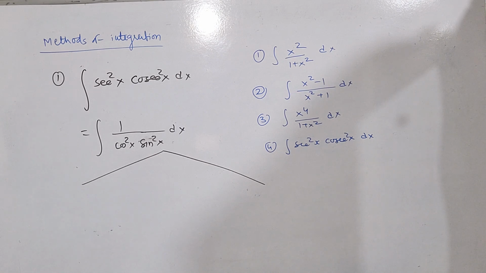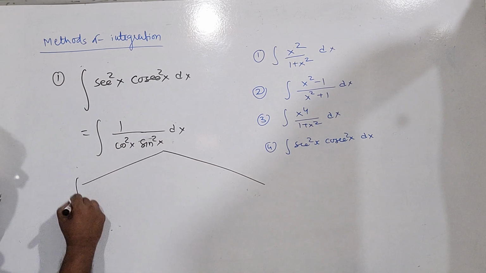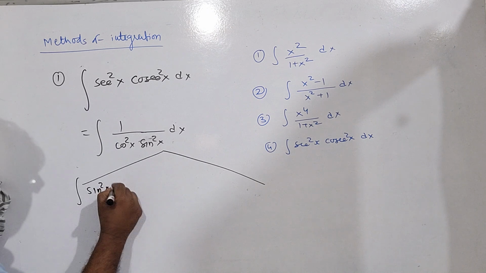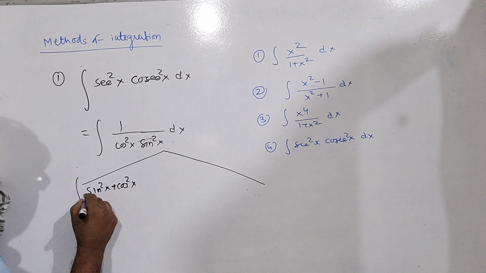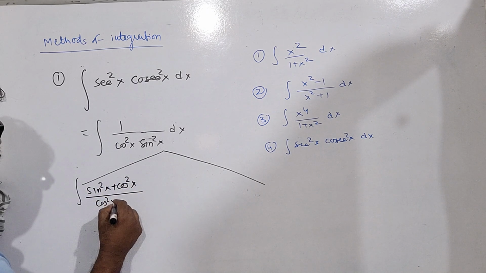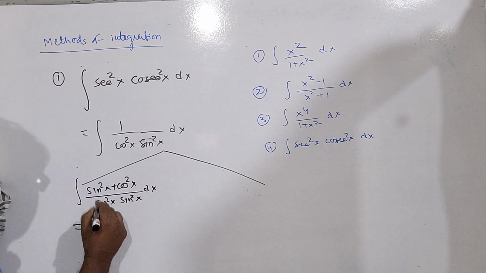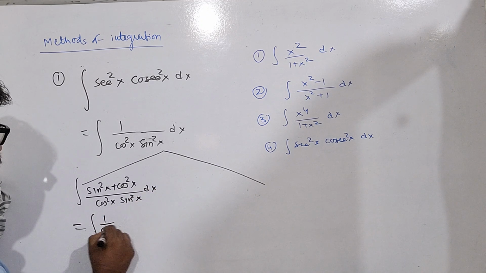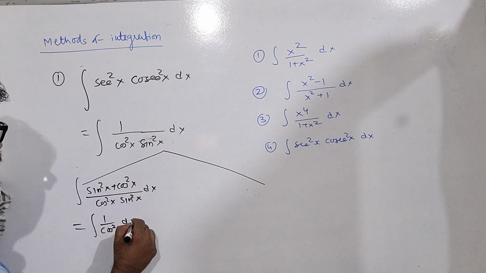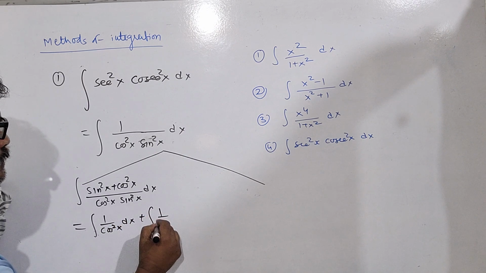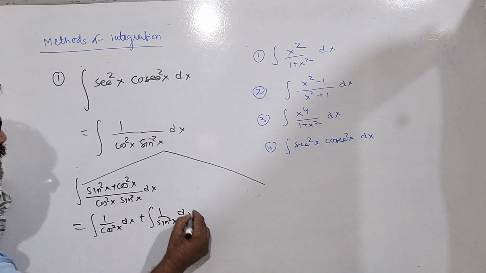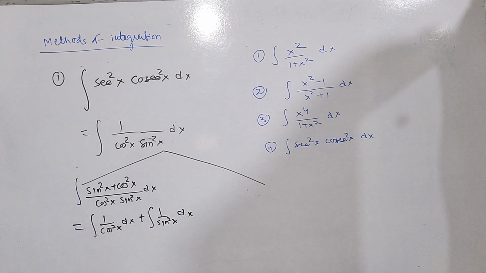See, this 1 can be written as sin squared x plus cos squared x over cos squared x sin squared x dx. So therefore now it is 1 upon cos squared x dx plus 1 upon sin squared x dx, which are standard formulas, correct?